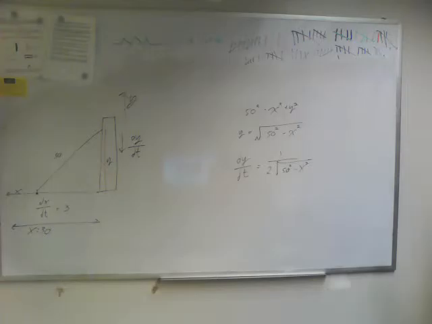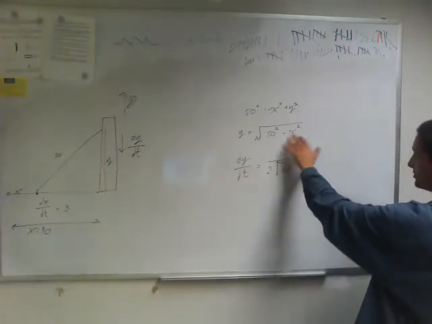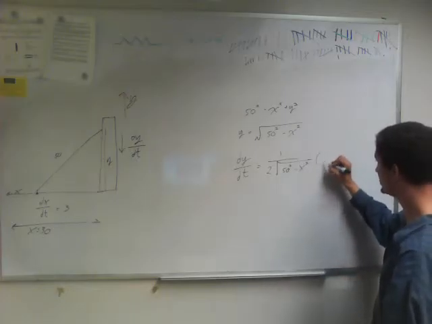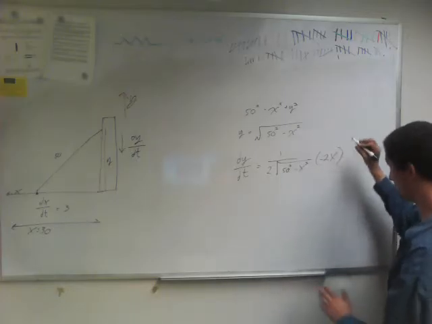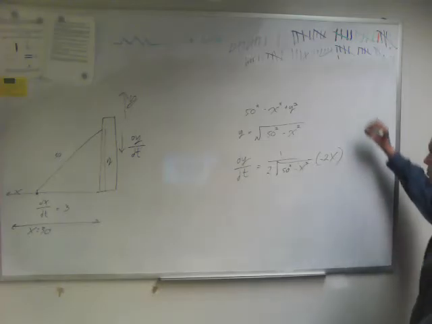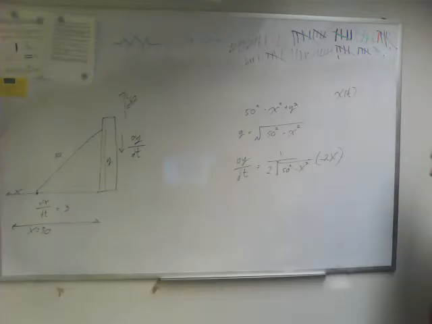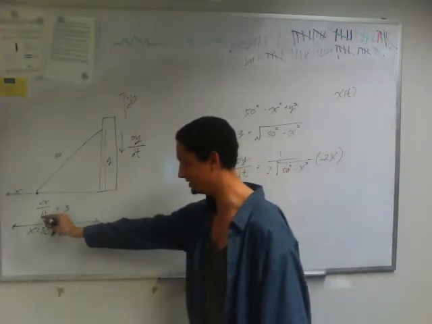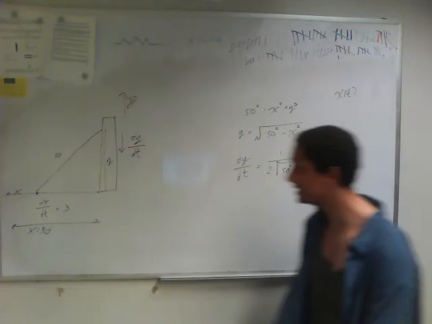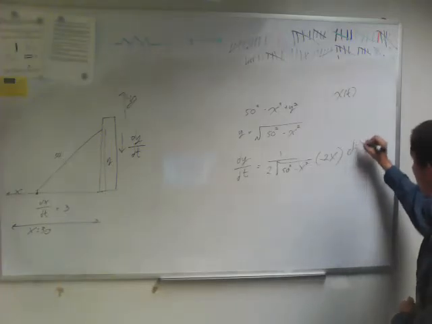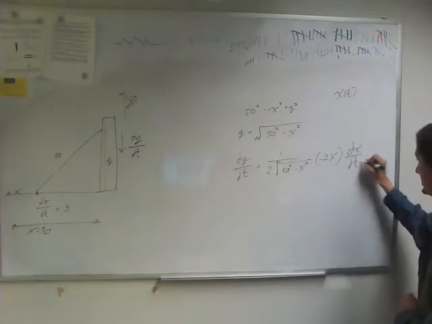Then we have to multiply this by the derivative of what's inside, which is going to be negative 2x times, because remember, x here is ultimately going to be a function of t, right? It has a velocity, right? I mean, it's something that's changing with time. And so we have to apply the chain rule to that as well. So it's kind of like a function of a function of a function here. And so this is going to be dx by dt.